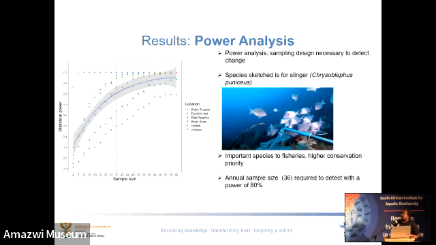Following that, we did a power analysis to determine the sample size necessary to detect changes in fish assemblage structure through time. The species selected for it is slinger. We selected this species because it was the most abundant, it is important for fisheries in the MPA, and it is of higher conservation priority.